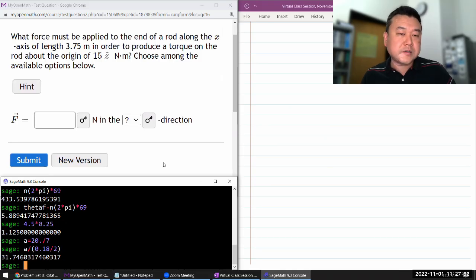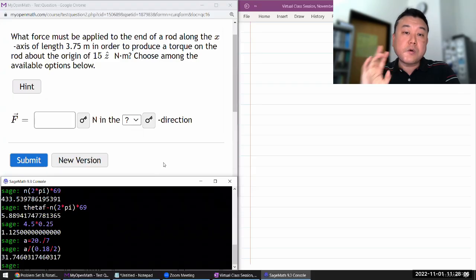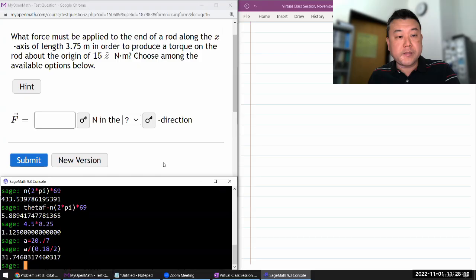The number of topics that require understanding of cross product is small enough that you can get through the class without it. So that's one perspective. And two, especially if you're taking physics 4B, it'll come up again, and it's a physics concept, along with applying the right hand rule, that you will eventually have to understand. So why not now?